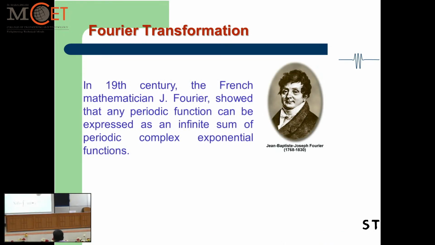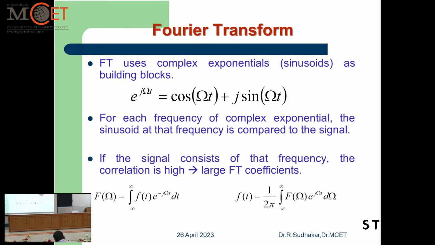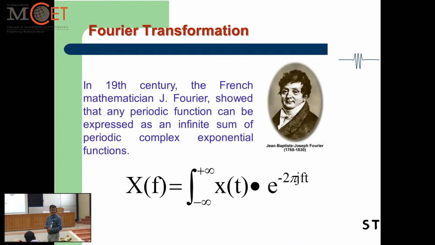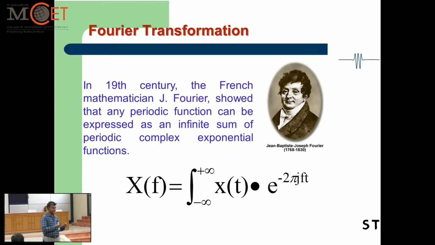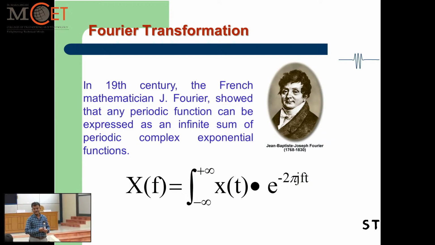Now please look at the year: 1768 to 1830. 1830 means it is the 19th century, right? Now, what century are we in currently? Still the person is being remembered. That is why research is powerful. Research is more powerful, right?